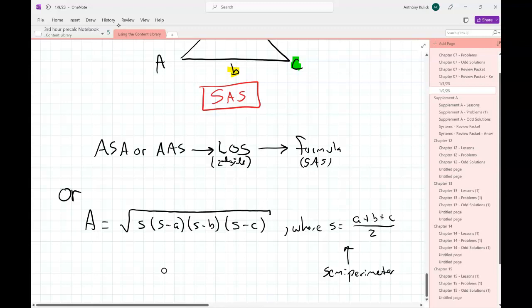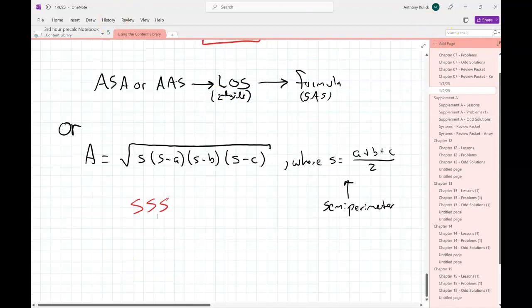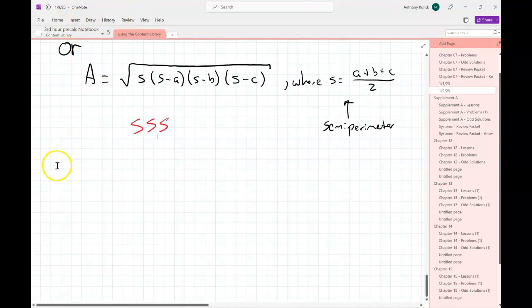So what should I use in this case? Or what case would I use this area formula? What three-letter combination? It's the side, side, side situation. We can just use this formula. Let's do a couple of quick examples, and then that's it here.